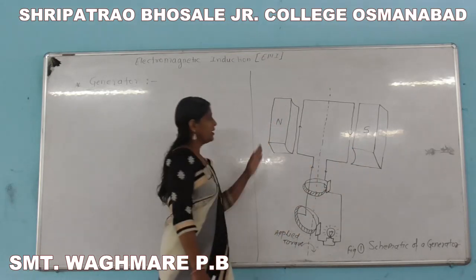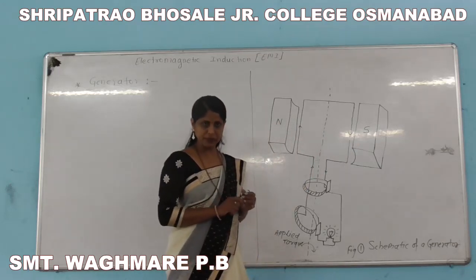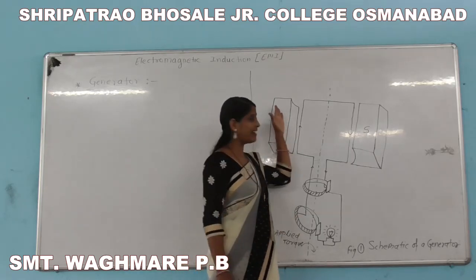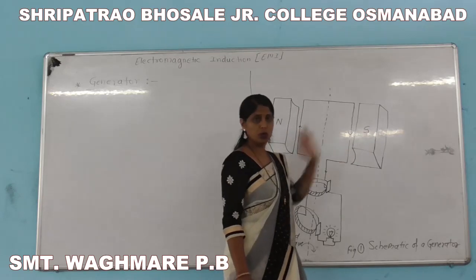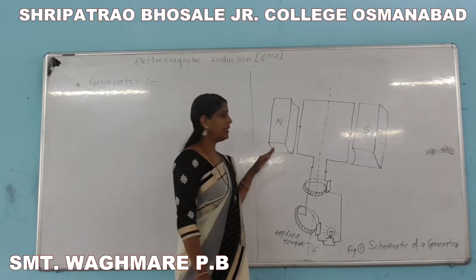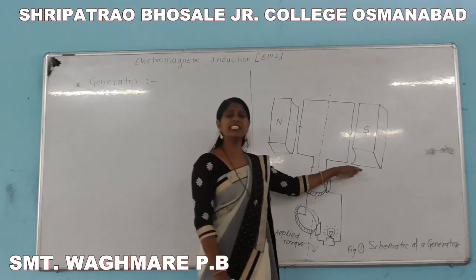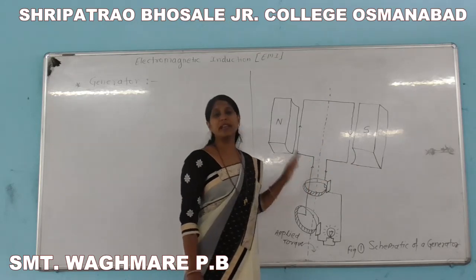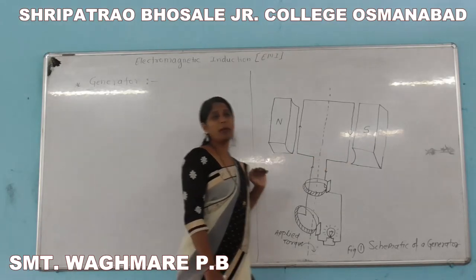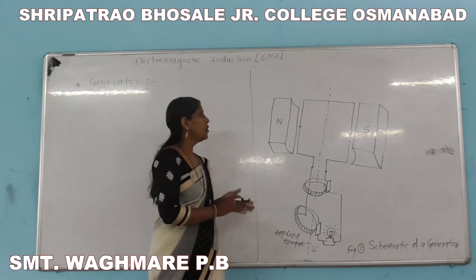That is, two magnets with unlike poles facing each other are used here to produce a strong magnetic field. A uniform magnetic field will be produced, and the direction of the magnetic lines of force is from the N pole to the S pole. In between these two poles, a coil is placed in the magnetic field.